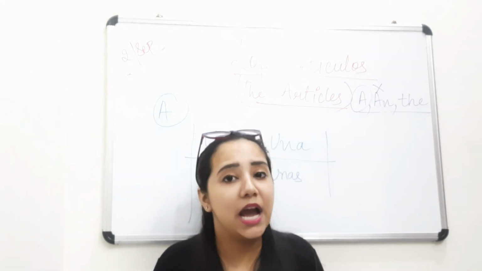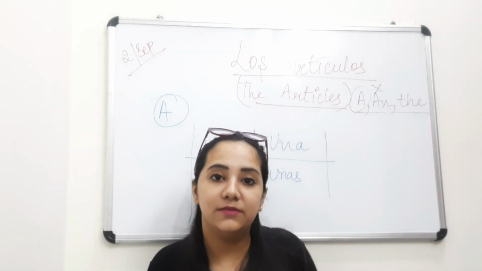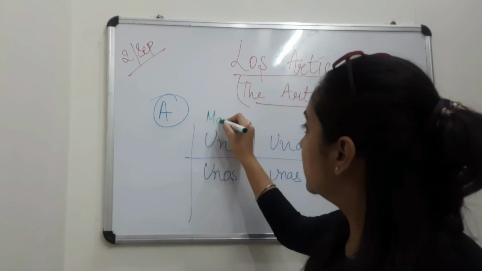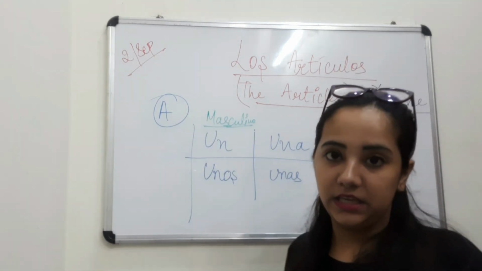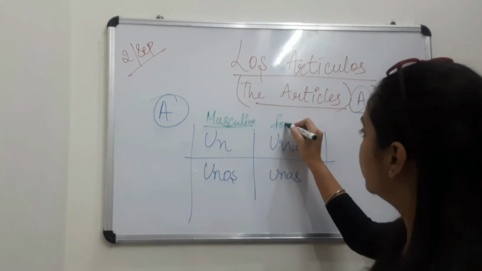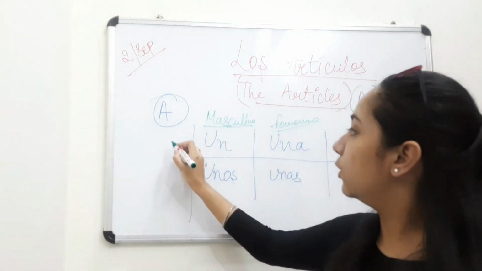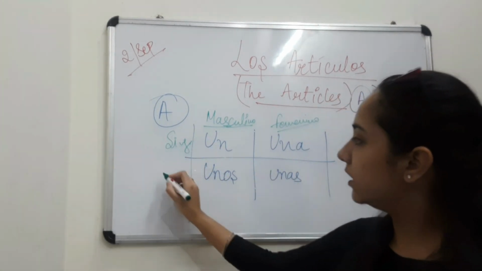Then after that we have plural, masculine plural, then feminine plural. Now this is for the masculine. This is for the feminine. This is for the singular. This is for the plural.